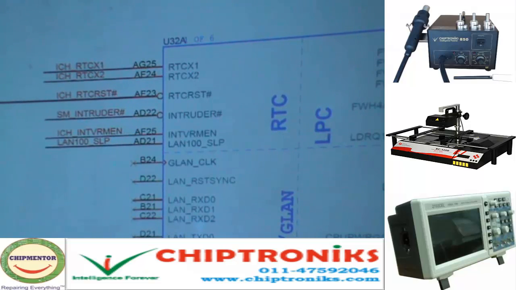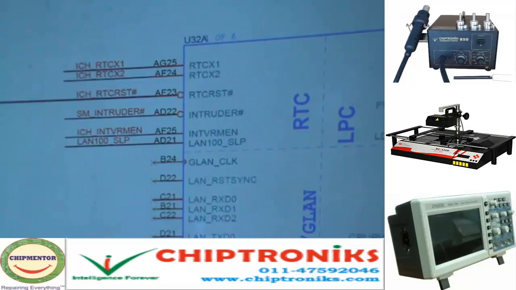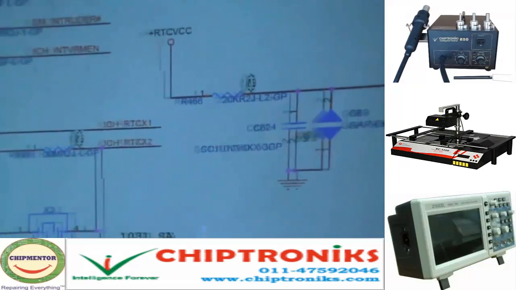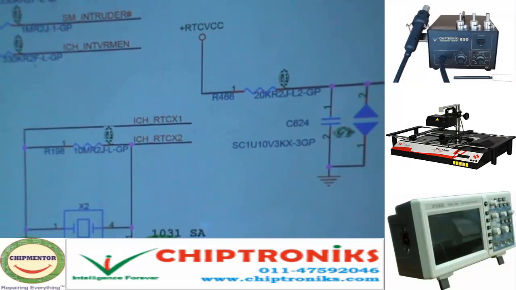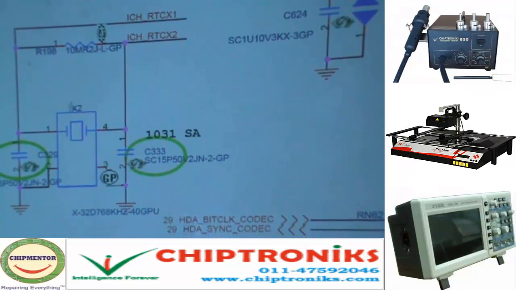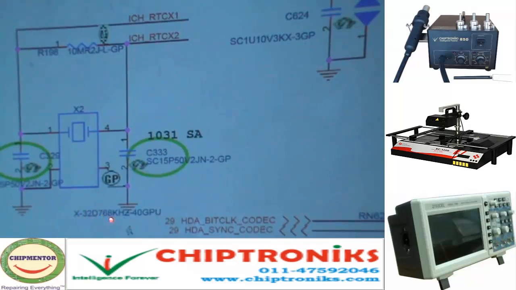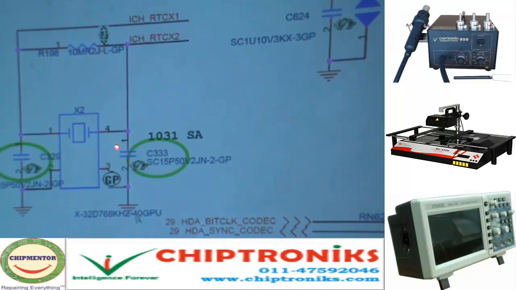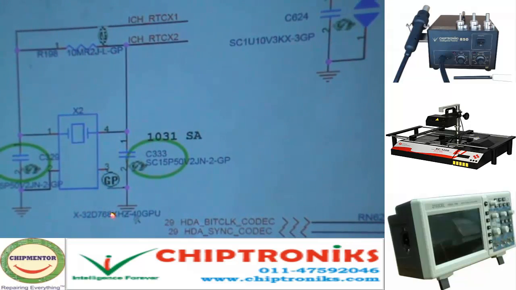Here you can see the crystal, 32.768 kilohertz. This is the 32.768 crystal, and these are the connections ICH_RTC_X1, ICH_RTC_X2.